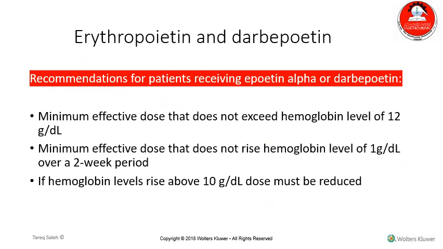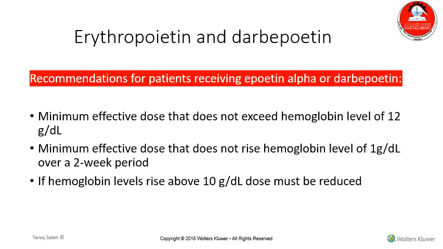Despite that it's an effective drug and is usually associated with minimal side effects, there are several recommendations and guidelines that should be followed in patients receiving epoietin alpha or darbepoetin to avoid life-threatening or poor outcomes of therapy.